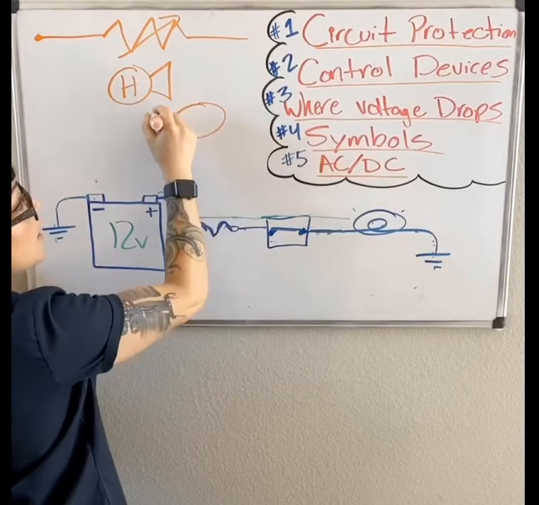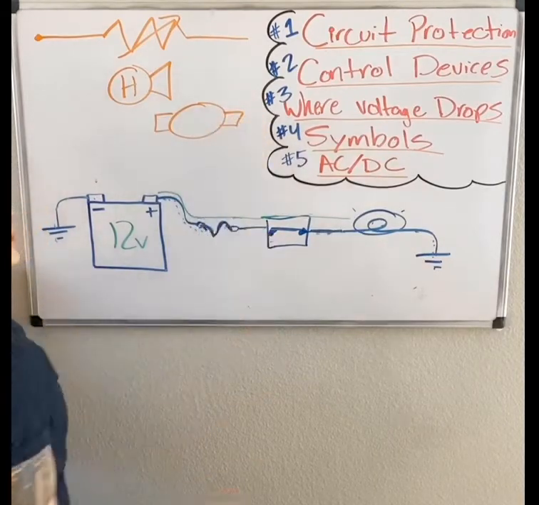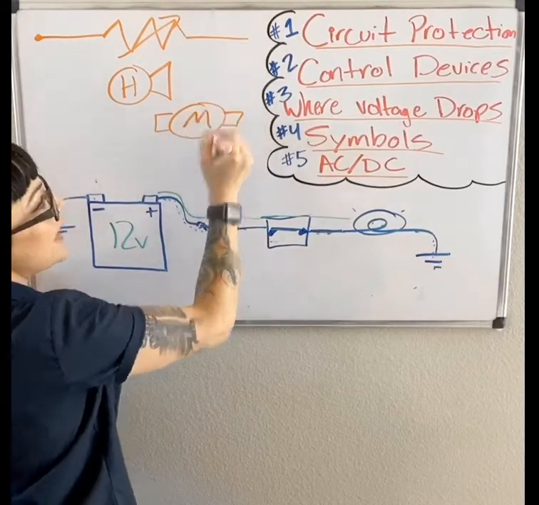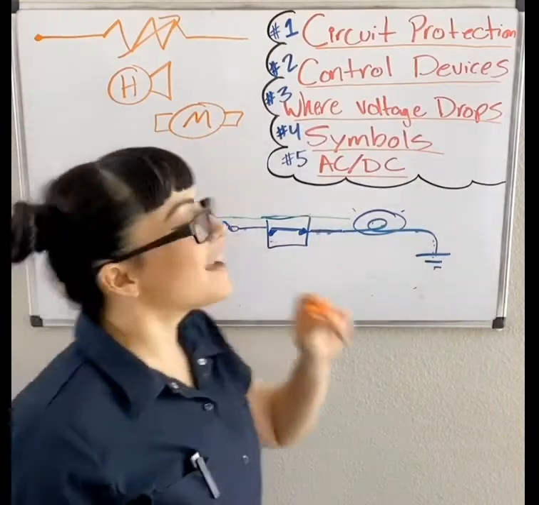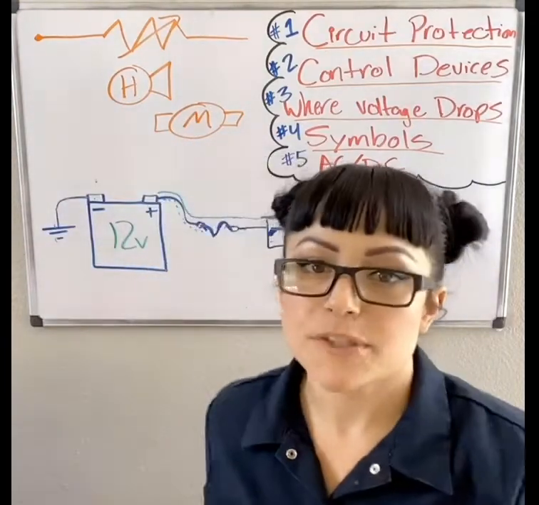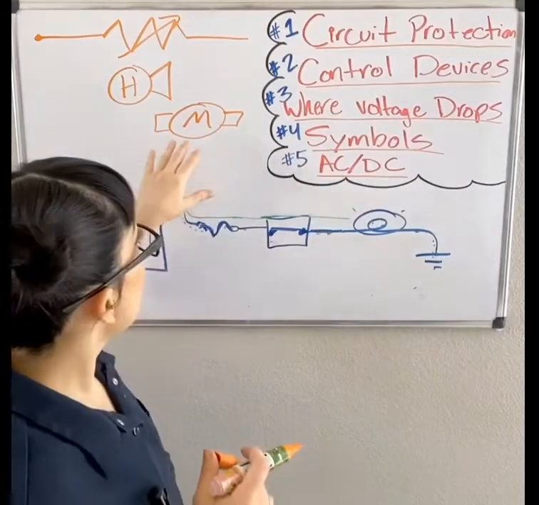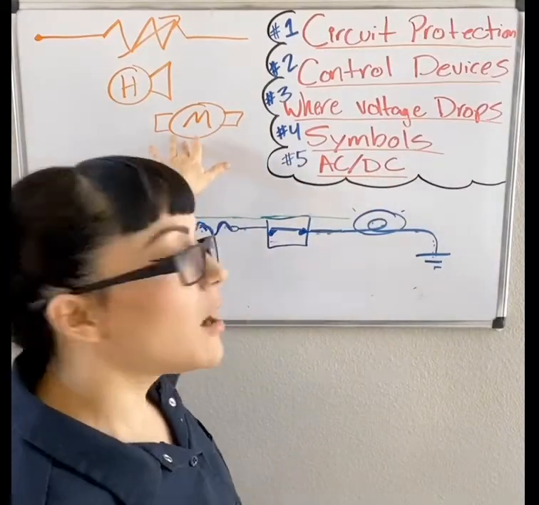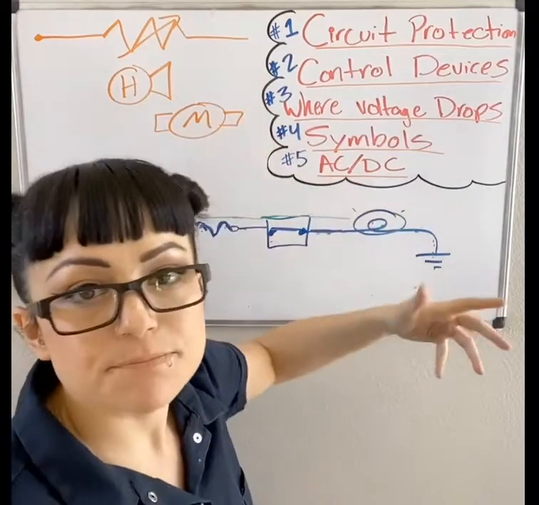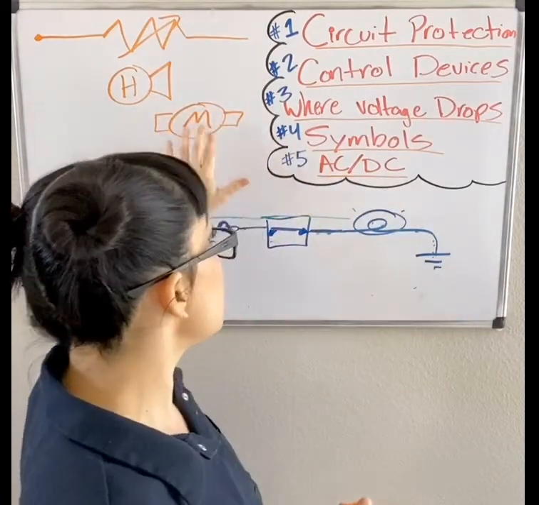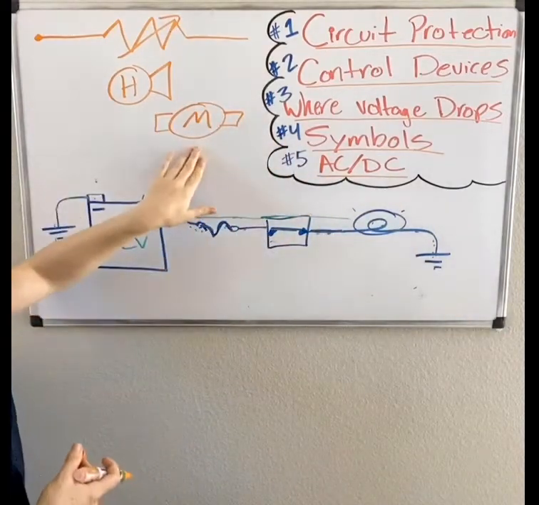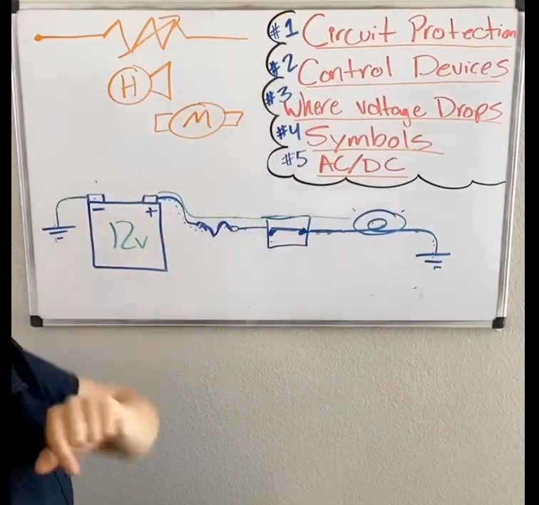Motors generally look like either just a circle or almost like a piece of candy, and it'll usually have an M in the middle to let you know what it is. If it's a generator, then it may have a G. But movement of any sort generally tends to look like that.